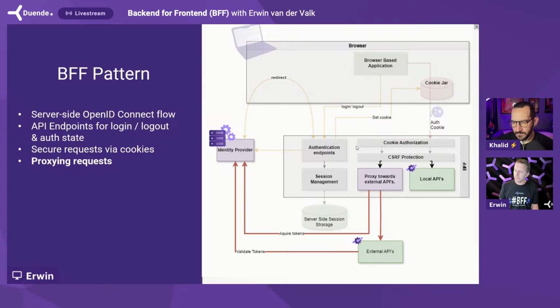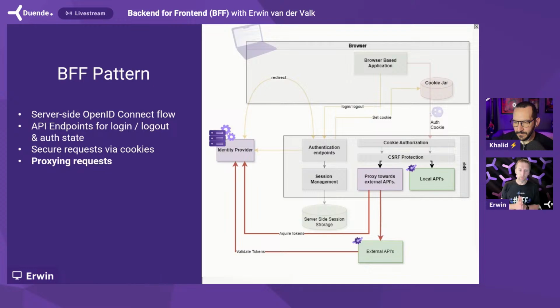And the reason for that is that the browser-based application has only one way of authenticating requests, which is cookies. And you don't want all these individual services to have to understand these cookies. Maybe they can't even receive them because they're on different domain names. So to solve that, we have to exchange the cookie inside of the BFF for an access token, and then use that access token to access the external APIs.